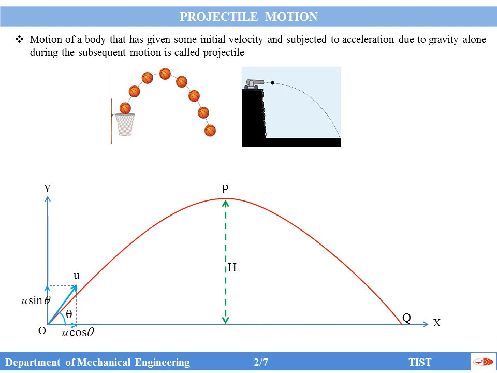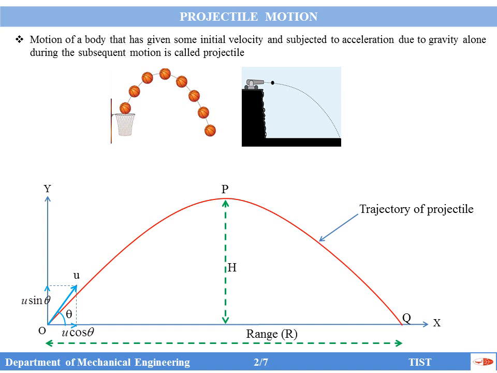So the distance from O to Q is called the range of projectile, represented by capital R. Now this red curve is called the trajectory of projectile. Later we will show that the trajectory of a projectile is parabolic.